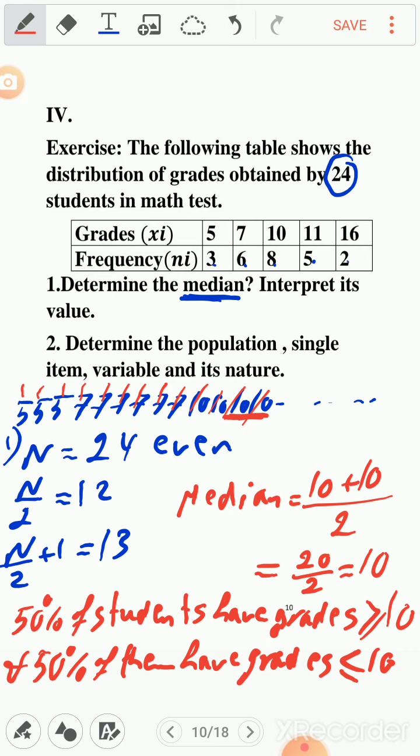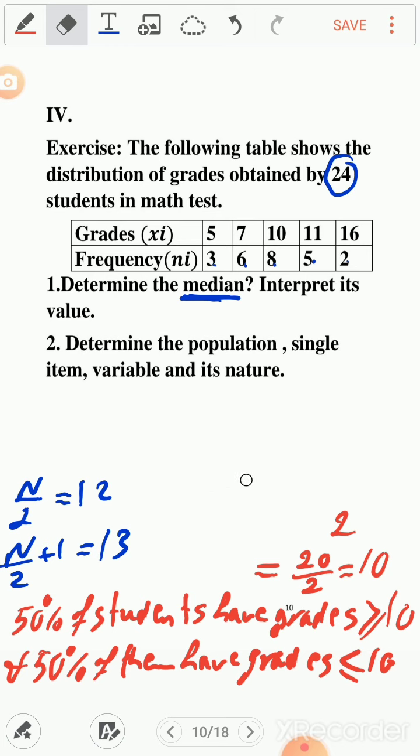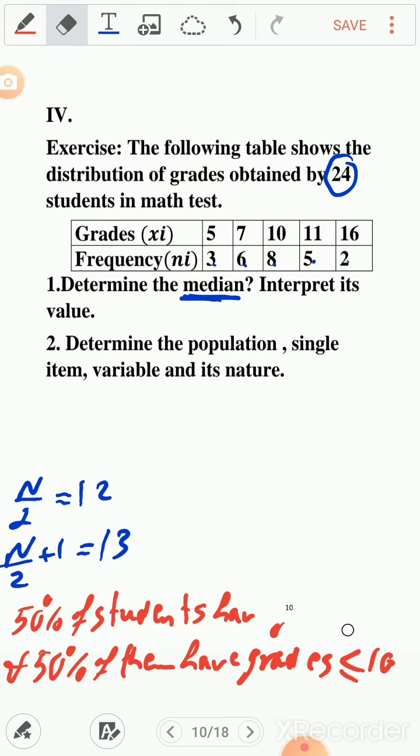Okay, now let us solve part 2. Part 2: determine the population, single item and variable and its nature. What is the population in this data set?